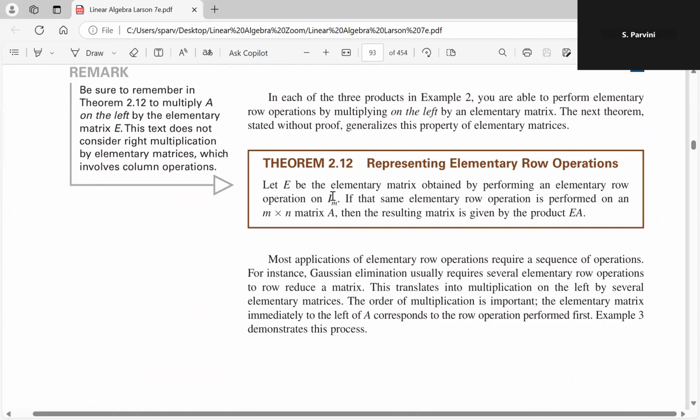Remember, it's a single operation. If that same elementary row operation is performed on an M by N matrix A, the resulting matrix is given by the product EA. So that was just the example I showed you as an illustration of this theorem. So everyone okay with this theorem?